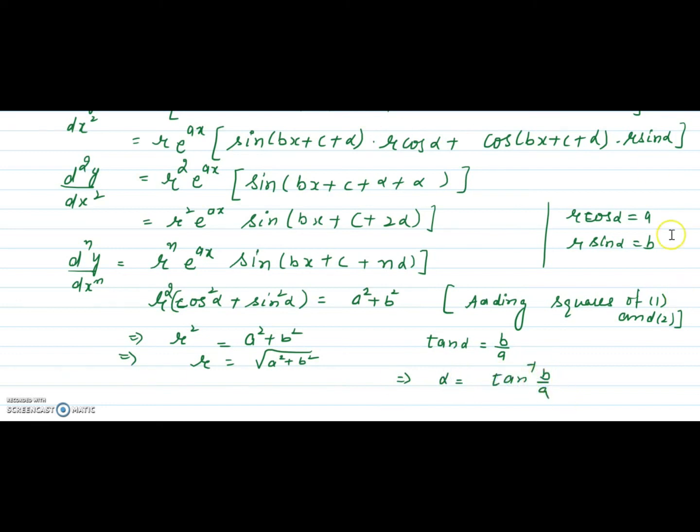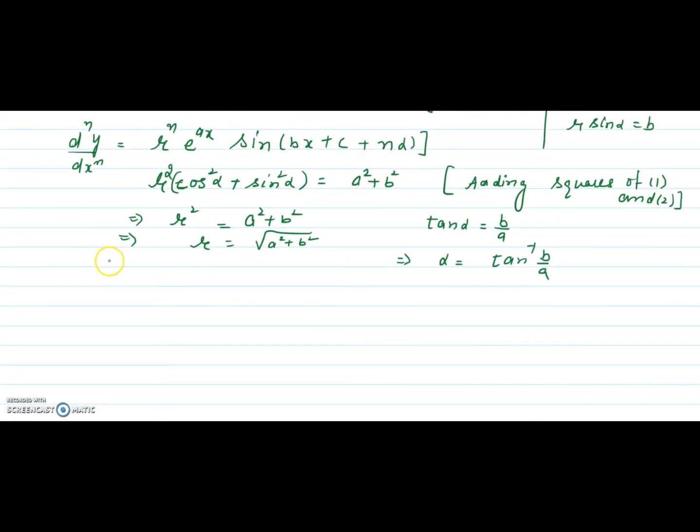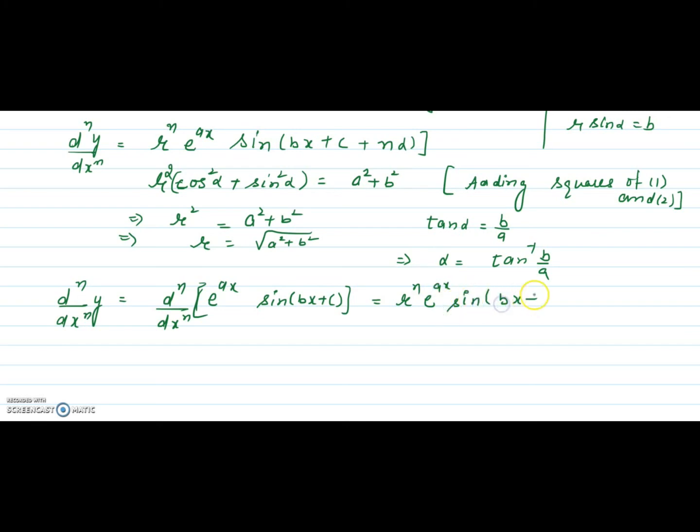So now I can sum up that the nth order derivative of y, which is actually the nth order derivative of e raised to power ax sine bx plus c, is equal to r raised to power n e raised to power ax sine bx plus c plus n alpha, where alpha is equal to tan inverse b over a and r is equal to the square root of a square plus b square.